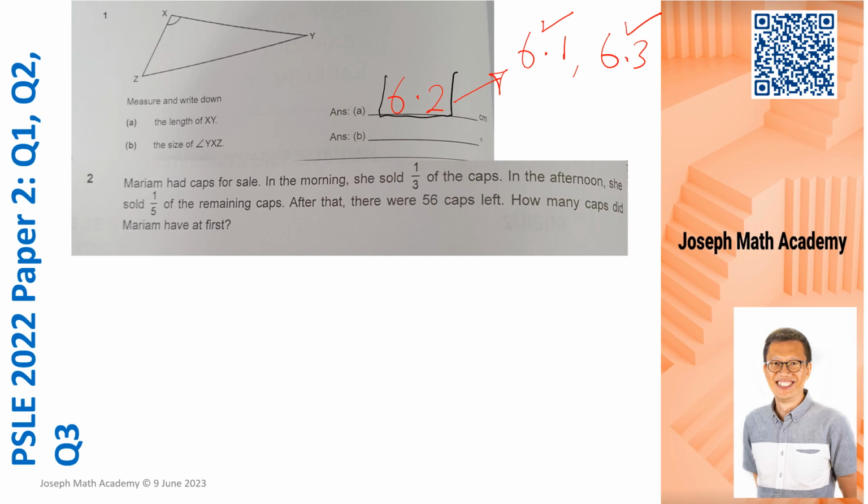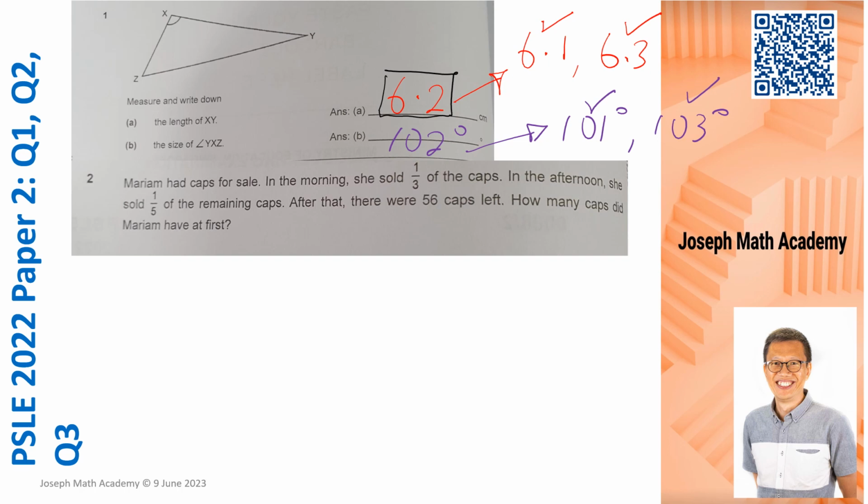Okay, so this is correct if this is the actual expected answer from us. Now, the size of the angle YXZ to me is 102 degrees. In PSLE, 101 and 103 are accepted.